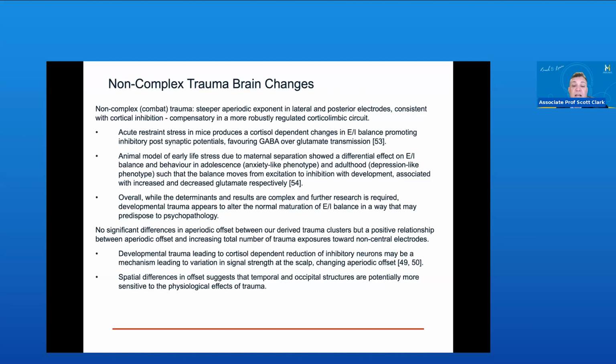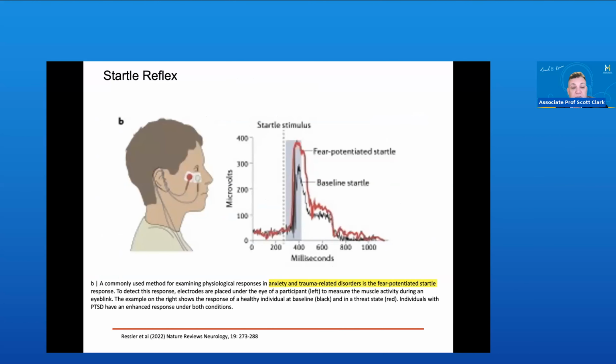So people that develop, I guess, resilience factors tend, when exposed to combat trauma, to be top-down suppressing and have less cortical reactivity. Okay, so very different patterns. I'll just move on now to talk about the startle reflex.